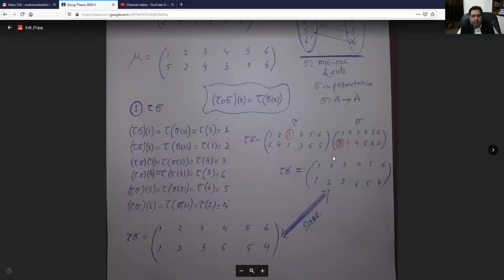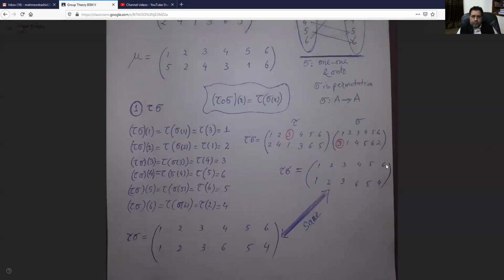So be with me. 1 goes to 3, 3 goes to 1. So finally we will have 1. Now we need to find the image of 2 under this composition mapping. 2 goes to 1, 1 goes to 2. So finally we will have 2. Let us compute some other entry.